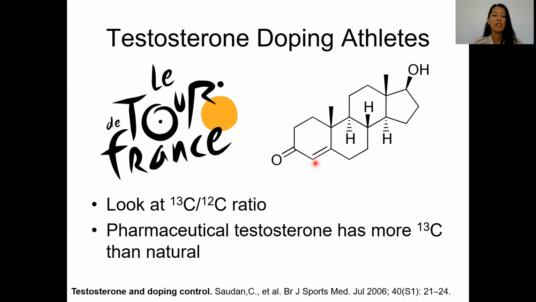A really interesting use of isotopes, and there are many, is one that's relevant to athletes. Many of you might have heard of or watched the Tour de France. Basically, these are cyclists. Lance Armstrong was a major athlete in this event. There was also a disgraced cyclist, Floyd Landis, and he was accused of doping, and it was proven through the use of isotopes.